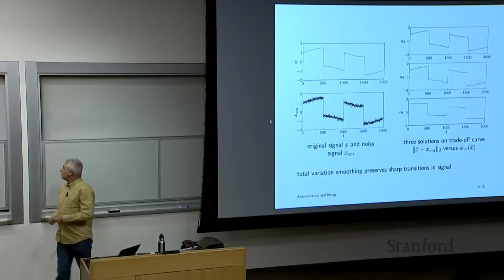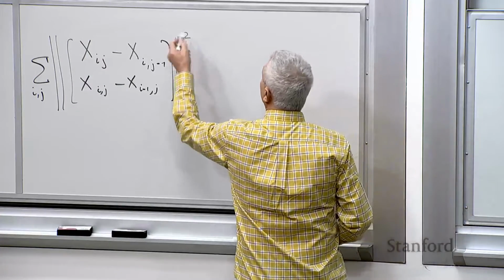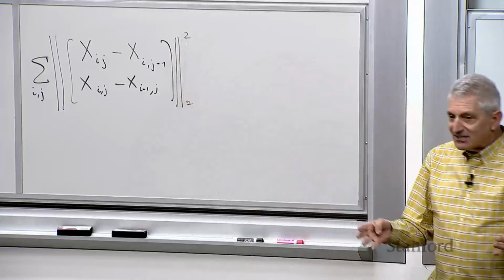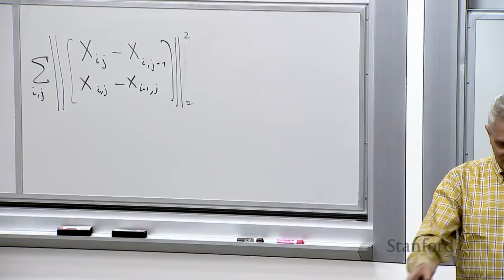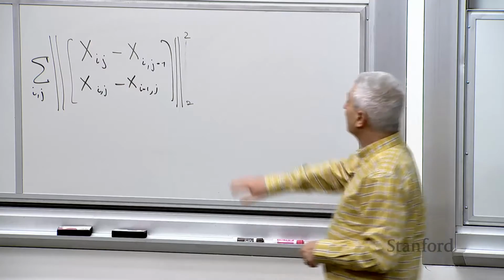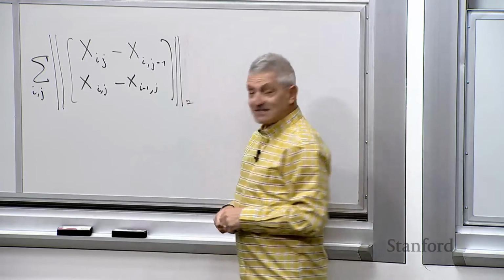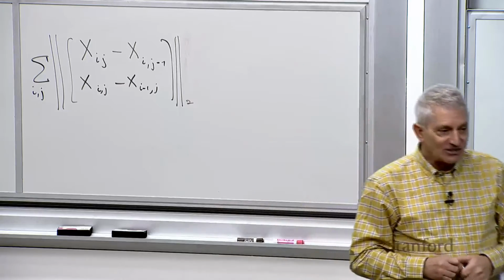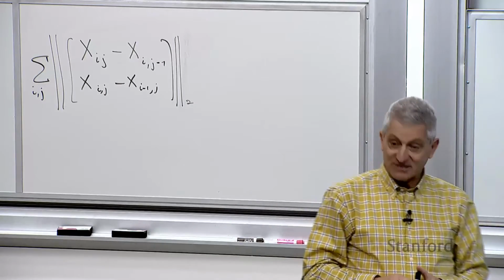If I were to do a linear smoothing with a kernel that goes down like that, it's going to blur things. Everybody follow? You don't have to follow this, but if you know some of the stuff I'm talking about, that's great. So this is total variation. People refer to that as total variation image denoising.